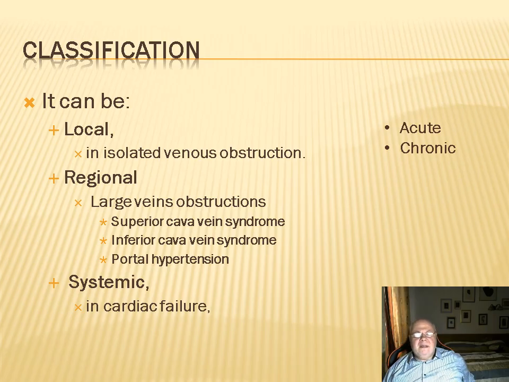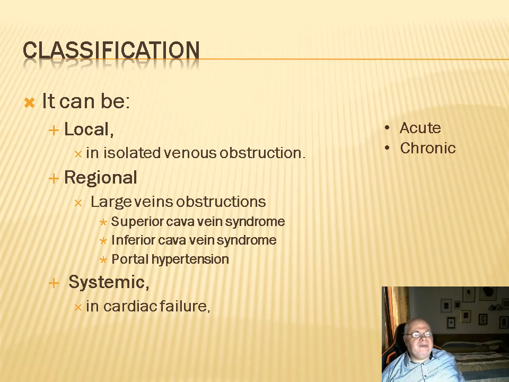There are, as a consequence of this regional stasis, resulting syndromes called superior cava vein syndrome, inferior cava vein syndrome, and portal hypertension. About superior cava vein and inferior cava vein syndromes, we are not discussing here at all.